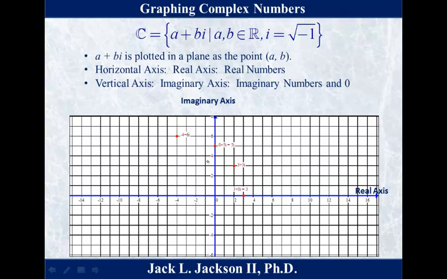But the other ones on the vertical axis are exactly the imaginary numbers. So this one here on the vertical axis is at the point 0, 5. That's 0 plus 5i, or just 5i. I have one here in the first quadrant, that is 2 plus 3i. Sorry, that should say 2 plus 3i. Okay, 2 plus 3i. Okay, and so forth, and you could graph any complex number in the plane.